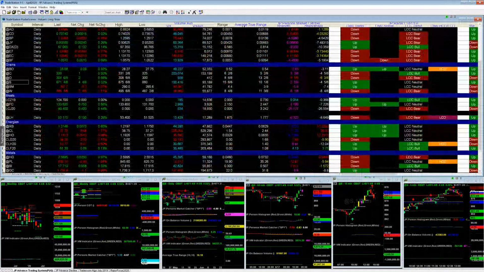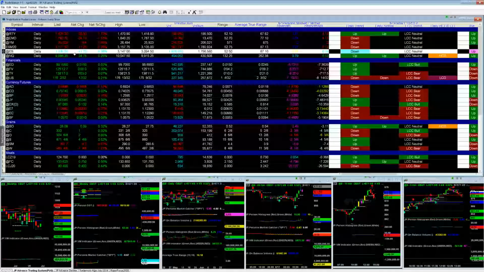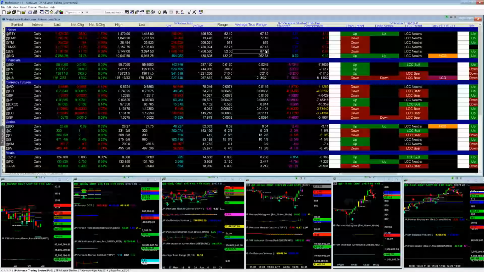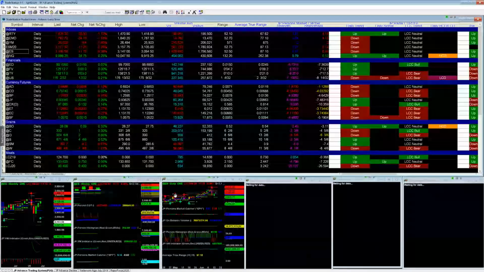How we set this board up here, if you're trading futures, average true range, we're back to 87 points. So if you've traded ES before and you've been around a long time, you can take a slice of time, take a chart back, and go back and take a look at E-mini S&Ps at any point in time and do a little bit of back testing.